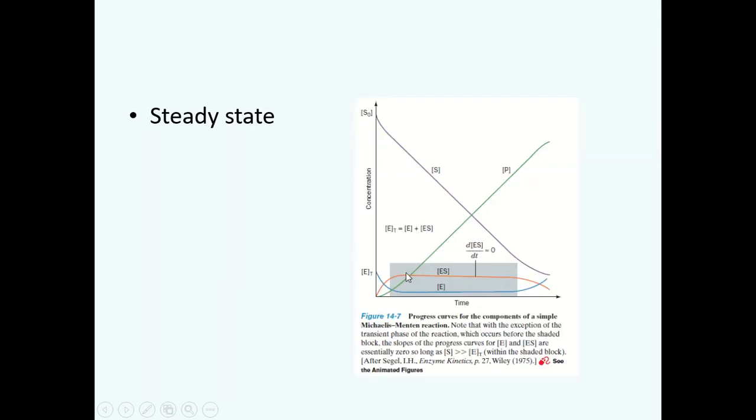This is diagrammatically represented here in this graph, that initially when the reaction starts, the concentration of enzyme substrate complex is low, but as the reaction progresses, the concentration of the enzyme substrate complex remains constant. So this particular condition is called the steady state. It is a part of the reaction where the concentration of the enzyme substrate complex remains constant.